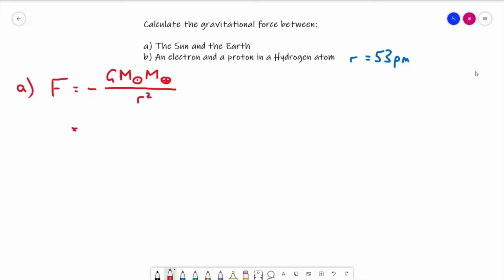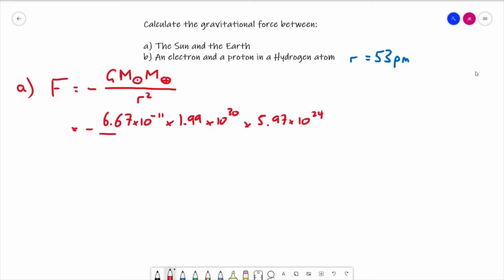Now on the data sheet, well, we'll do gravitational constant first, 6.67 times 10 to the minus 11. Now on the AQA data sheet, the mass of the Sun and the mass of the Earth are on the first page. The mass of the Sun is 1.99 times 10 to the 30 kilograms. The mass of the Earth is 5.97 times 10 to the 24 kilograms.